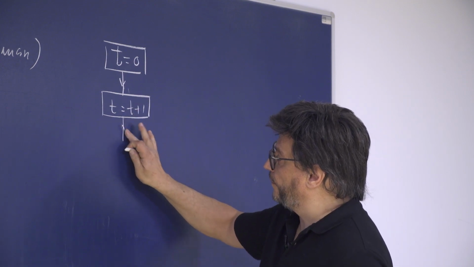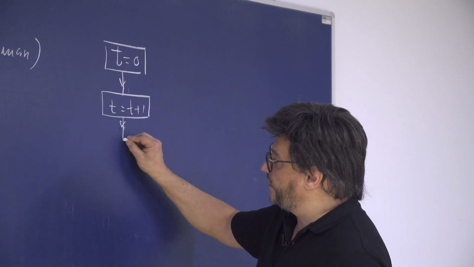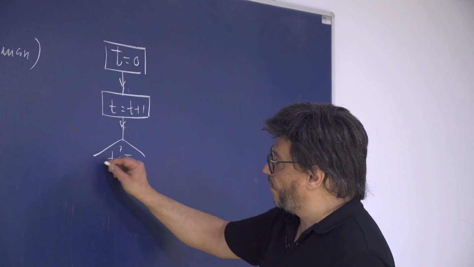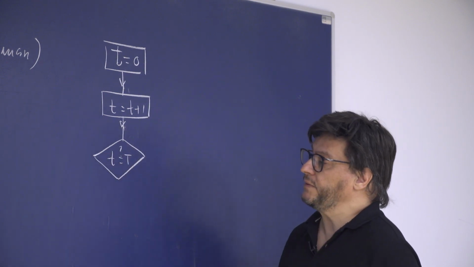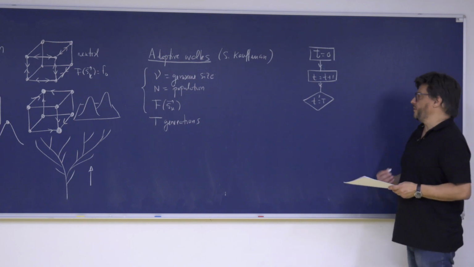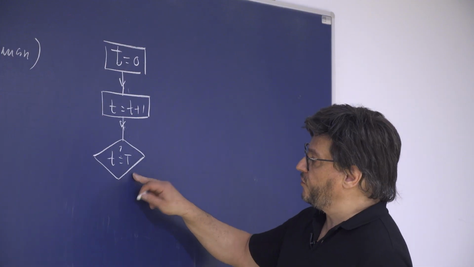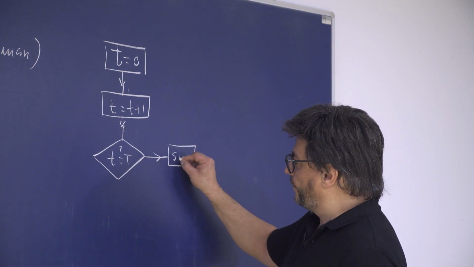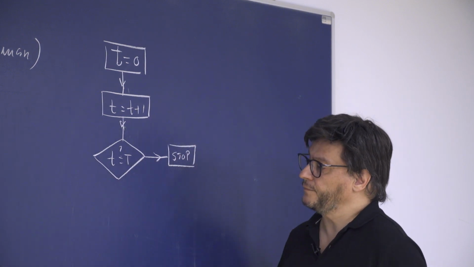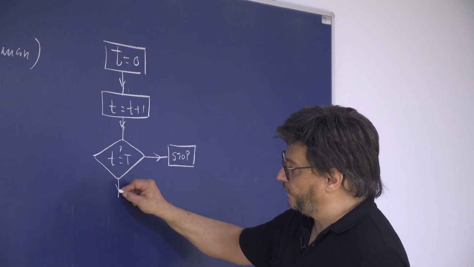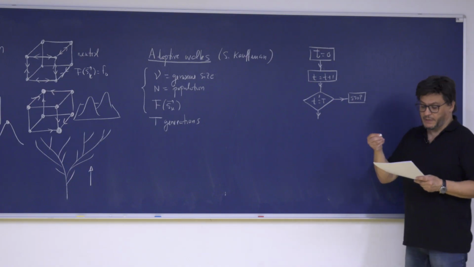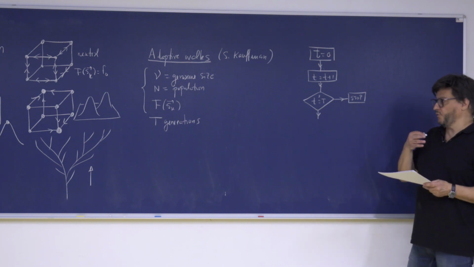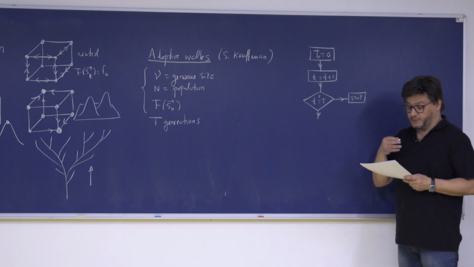I ask myself, of course, if I have completed my set of tries, if the number of generations is already achieved, I stop. If not, I have to start applying my algorithm. I have to follow the whole collection.